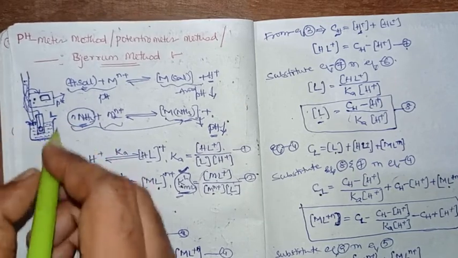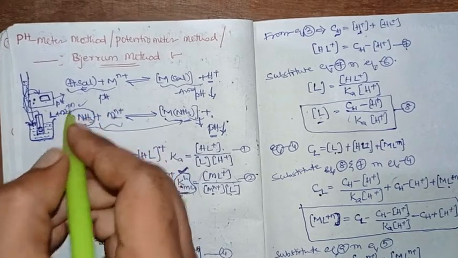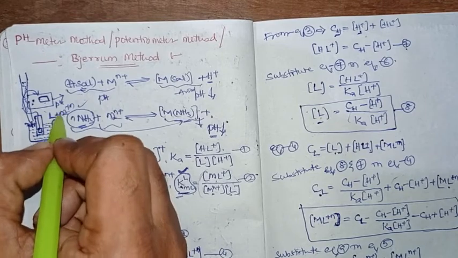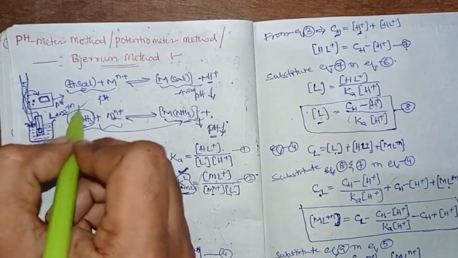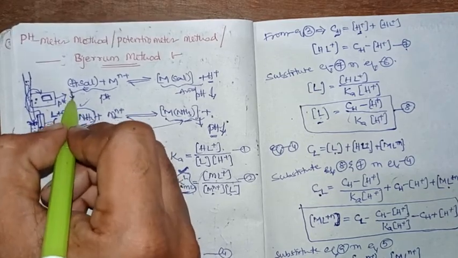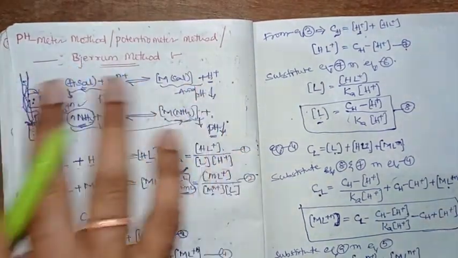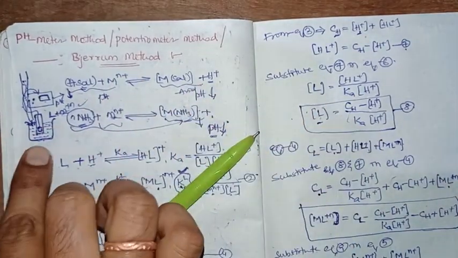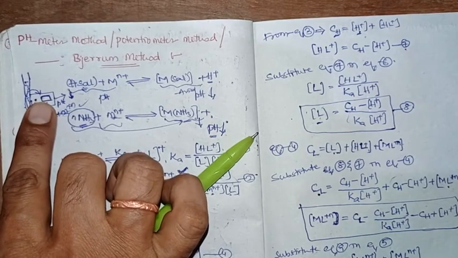When you add the metal solution, it forms complexes, and the initial pH value decreases. That is how the instrument would be in the practical: a beaker, a glass electrode, and a pH meter.